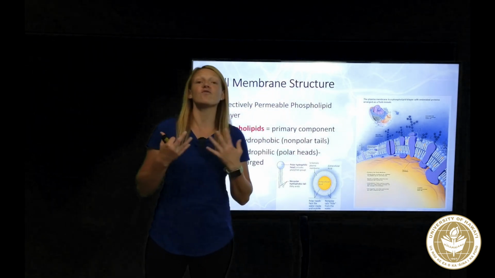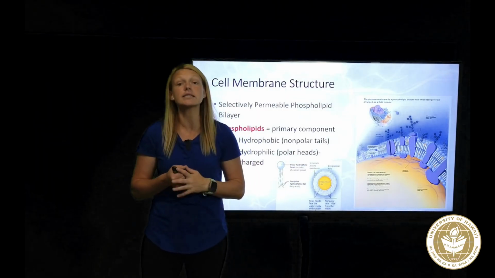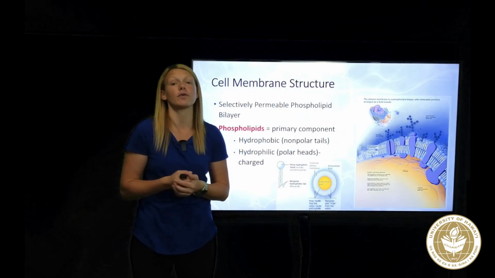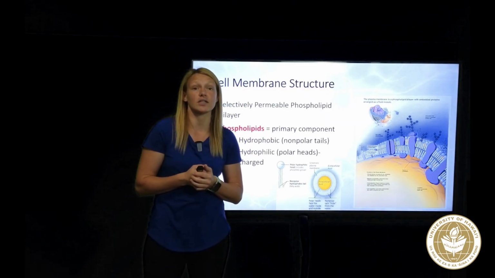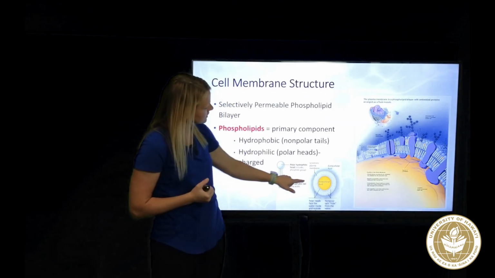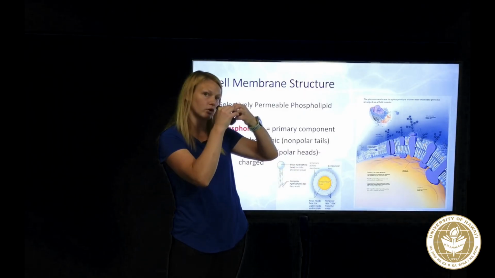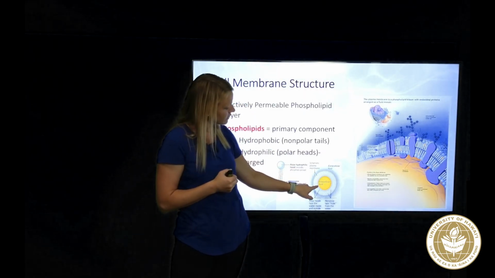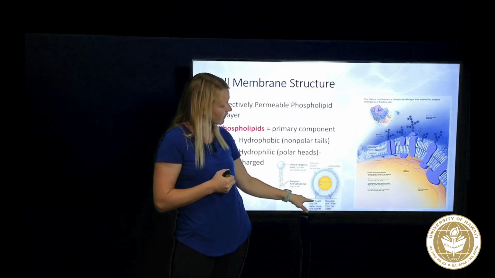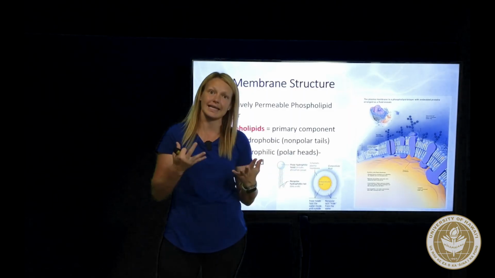The hydrophilic, or water-loving, heads and hydrophobic, water-fearing tails of that phospholipid orient so that those tails are on the inside here, facing each other, no water there. The heads face the cytoplasm, and the heads face that extracellular fluid because they like water.